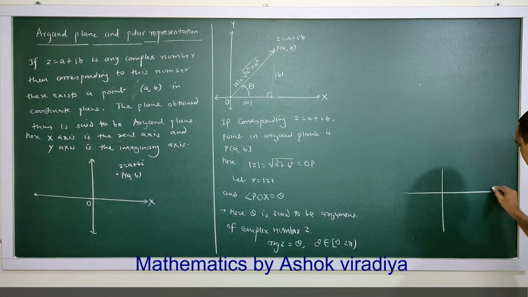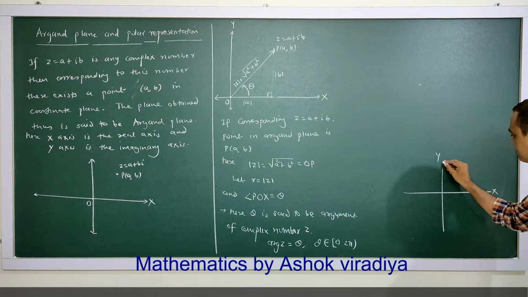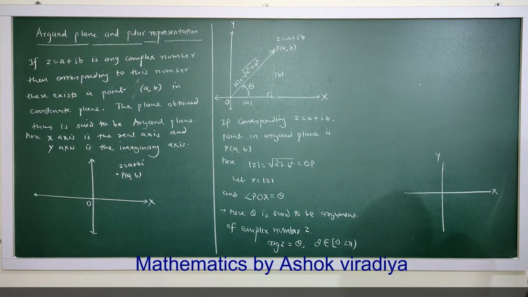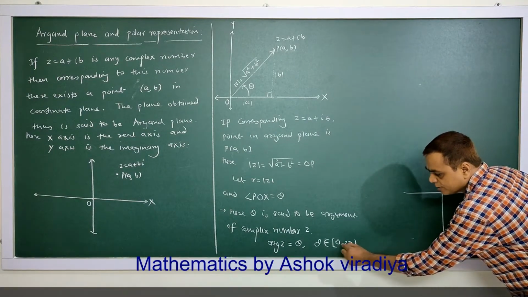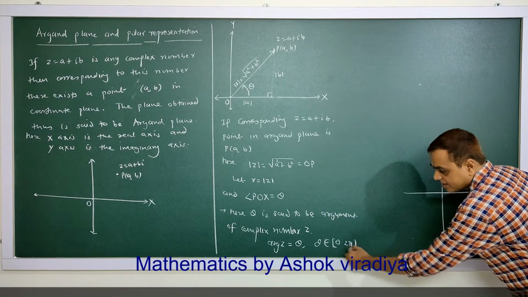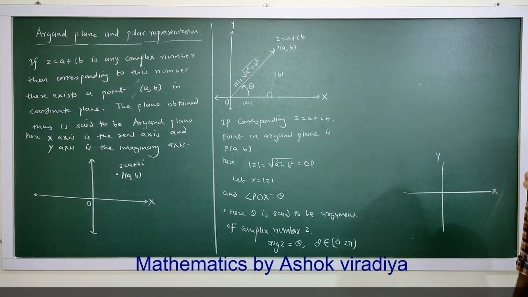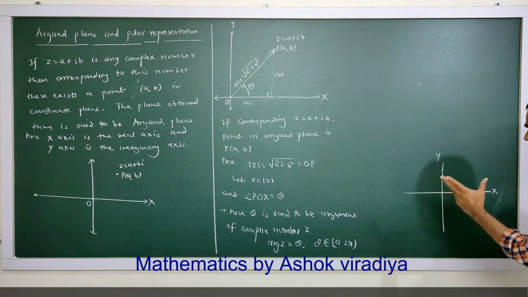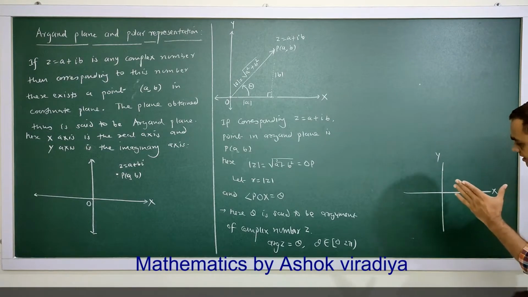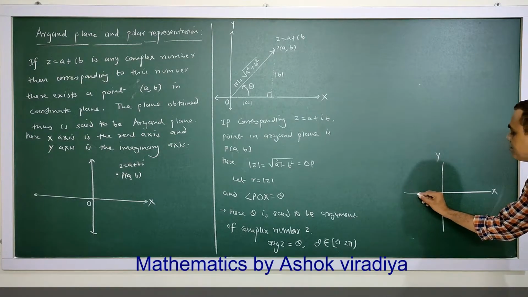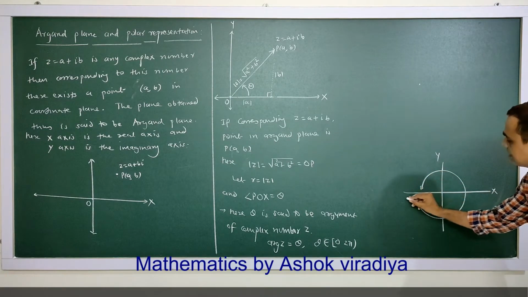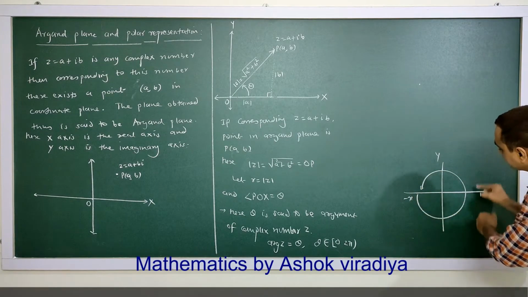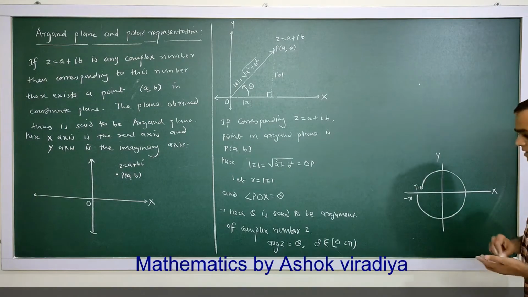See, this is the x-axis, this is the y-axis. Theta we are allowed to take from any interval whose length is 2 pi. You can choose an interval of length 2 pi by taking minus pi to pi.